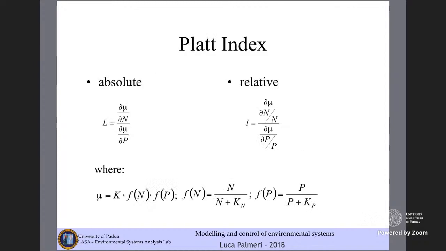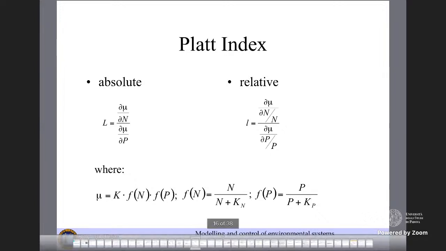In this case, we may have a more sophisticated approach for measuring limitation. Co-limitation is that of the Platt index. We have two forms of the Platt index: an absolute form and a relative form.